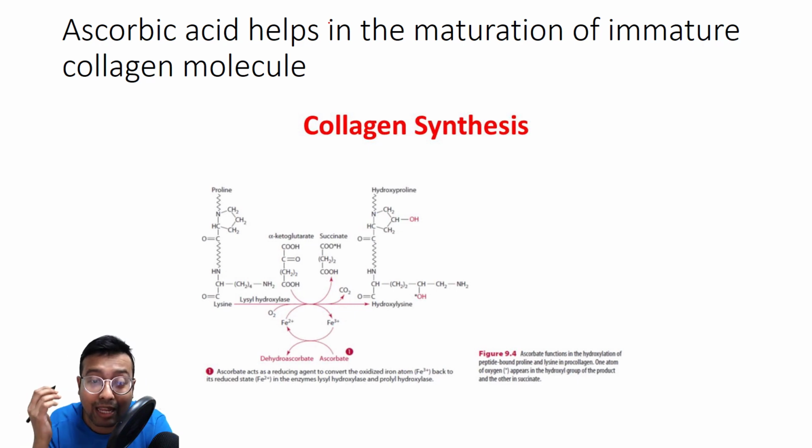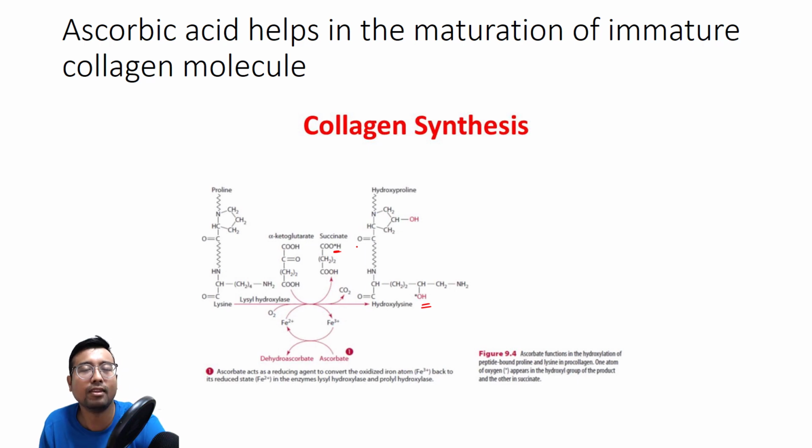Okay, if you are going for MCQ, you may be asked where are the oxygen atoms that are incorporated. Okay, because we are oxygenase or hydroxylase, basically we are incorporating one oxygen molecule, so it splits into two oxygen atoms. So one gets incorporated in the lysine bound to procollagen and one gets inside the succinate.